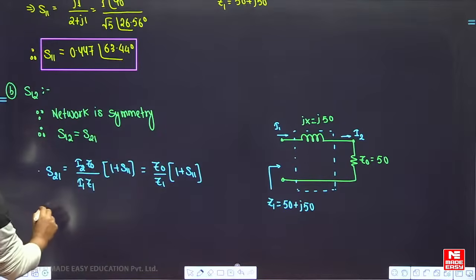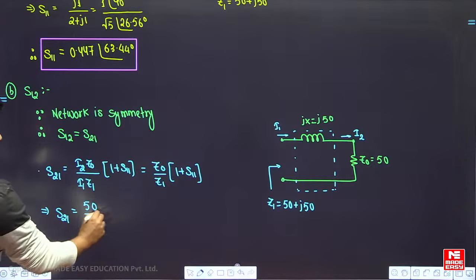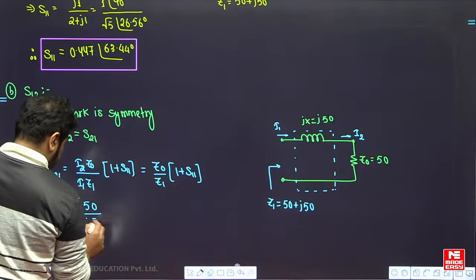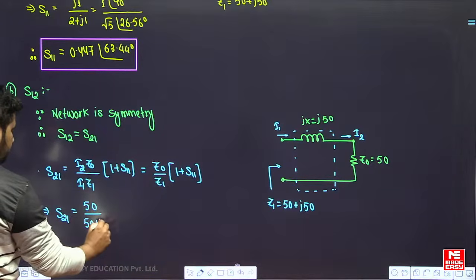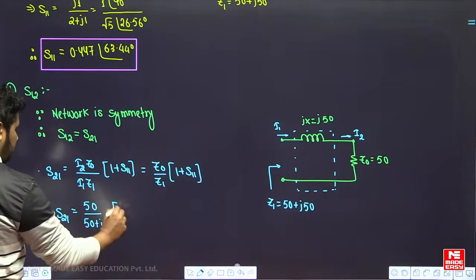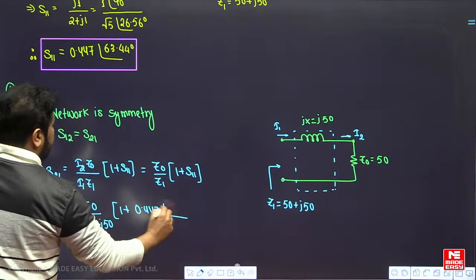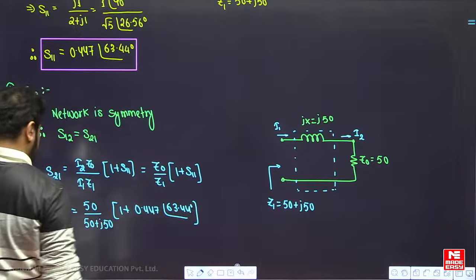So what is the value of S21? Z0 is 50, upon Z1, which is 50 plus j50, into (1 plus S11), where S11 is 0.447 at an angle of 63.44 degrees.